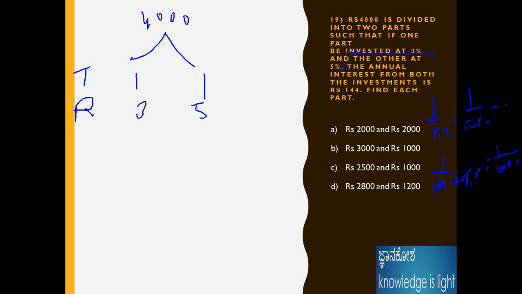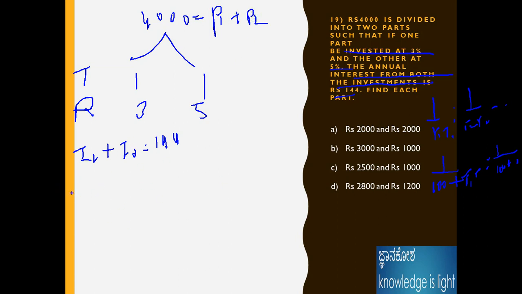The annual interest of both is 144. I1 plus I2 is equal to 144 is given. And as well as this, P1 plus P2 is 4,000.